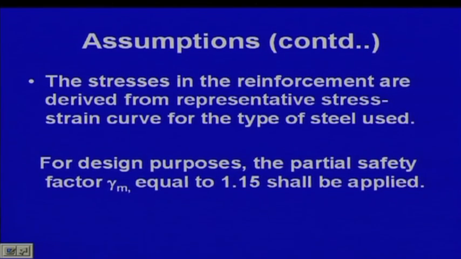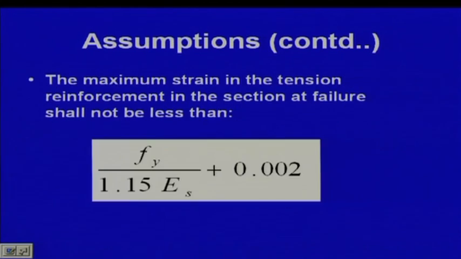We never take the ultimate limit for our design calculation. The maximum strain in the tension reinforcement in the section at failure shall not be less than Fy by 1.15 Es plus 0.002. This is the strain that should not be less than this value.